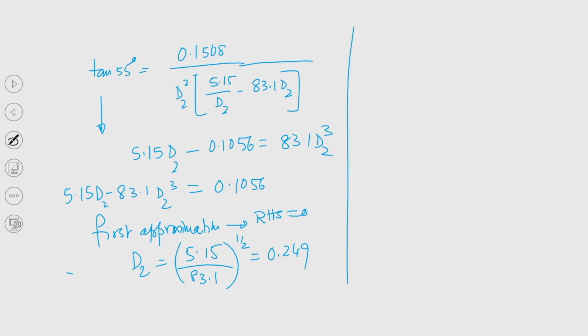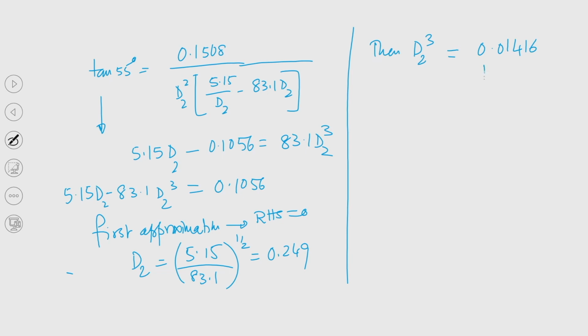Then what will be d2 cube? d2 cube will be equal to 0.01416, right, because if we plug in the value of d2 in this equation, d2 cube will be equal to like this.